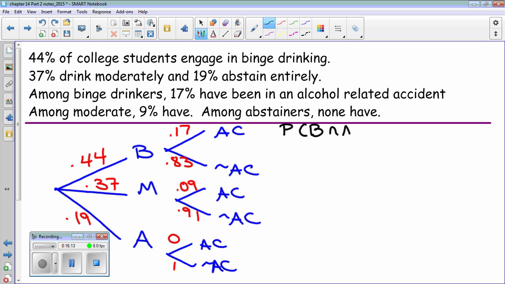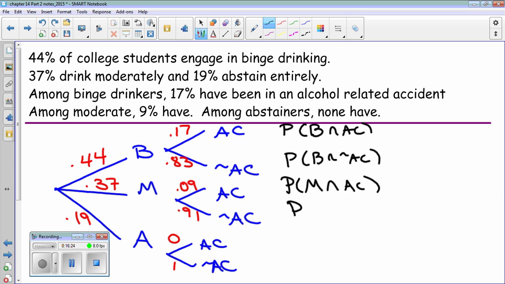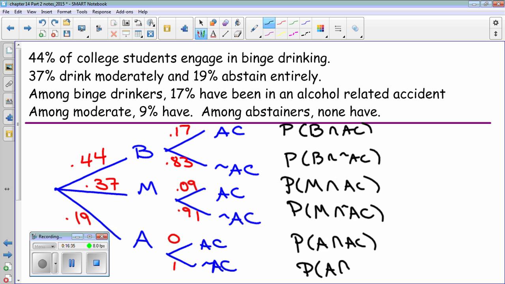Binge drinking and accident. Probability of binge drinking and no accident. Probability of moderate and accident. Probability of moderate and no accident. Probability of abstainer and accident. And probability of abstainer and no alcohol-related accident.